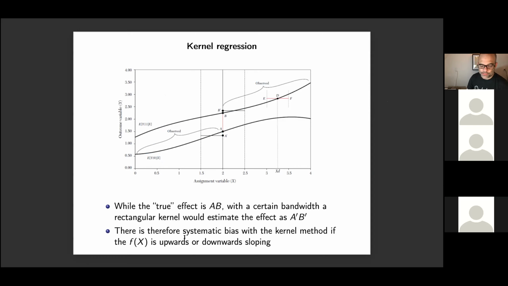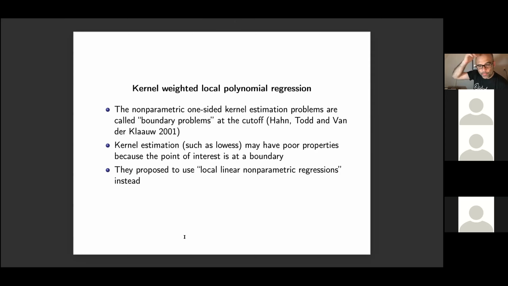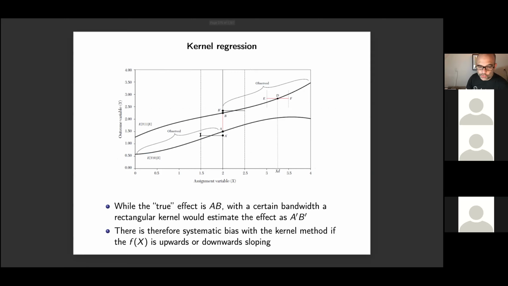That's if there are trends. So the non-parametric one-sided kernel estimation problems, it's basically histograms. They're called boundary problems at the cutoff because when you draw this right here, that boundary right there is creating this bias because it's cutting through the trends, taking some average value for the entire thing.